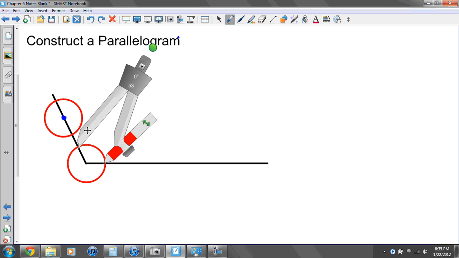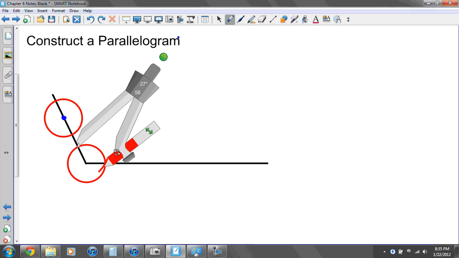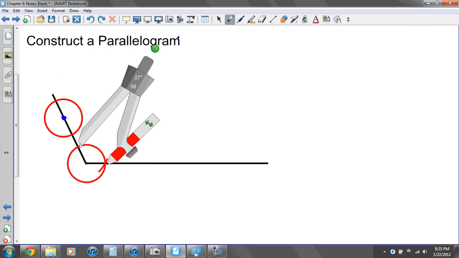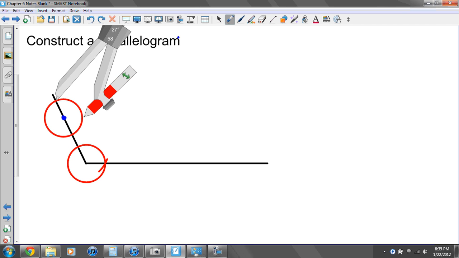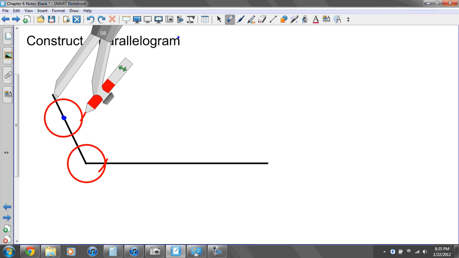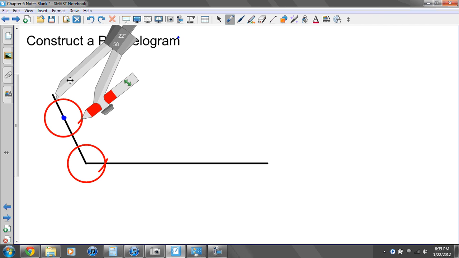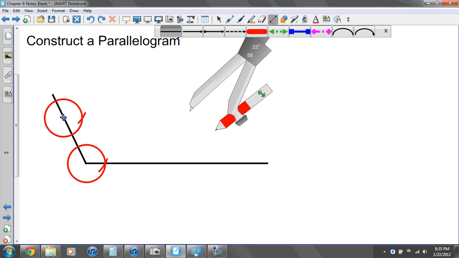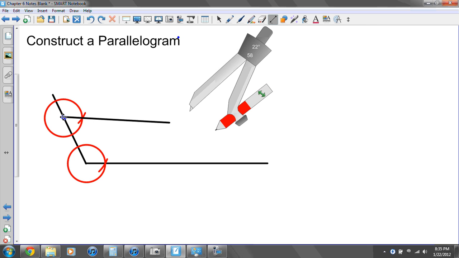Okay, so it's that far away. Actually, I'm a little off here. There we go. Now I'm going to recreate this from here, because this would correspond to this point. So I'm going to bring it up there and mark that same mark here. And then when I connect these, it's going to give me parallel.